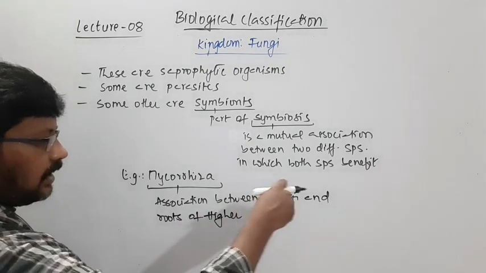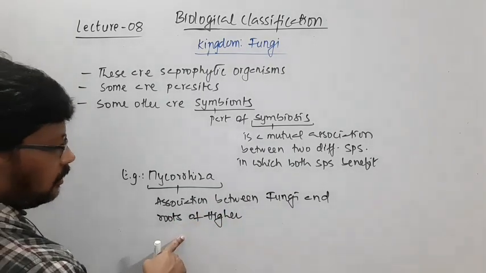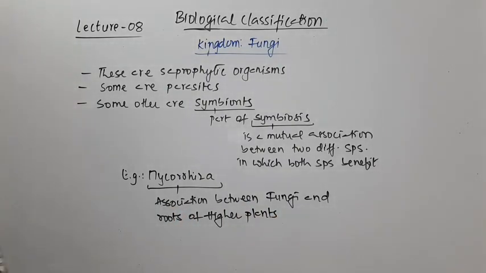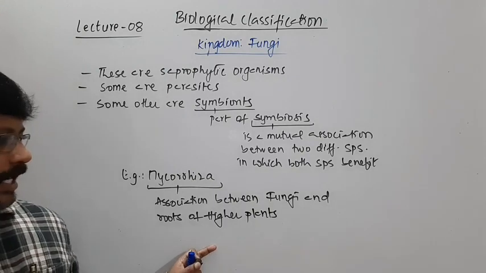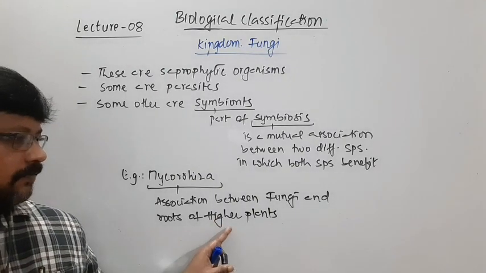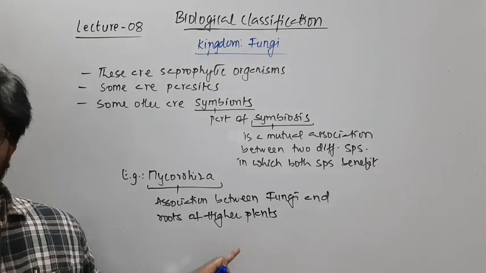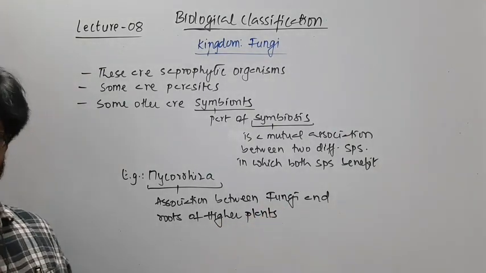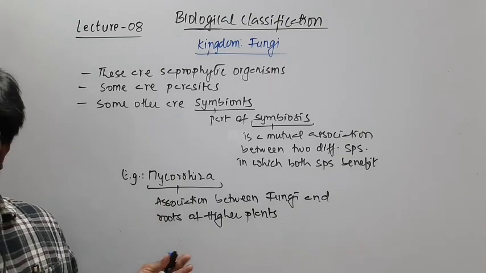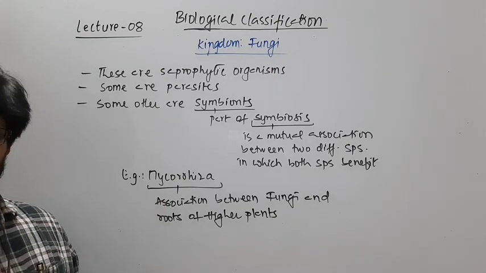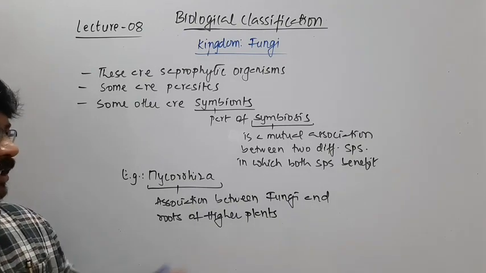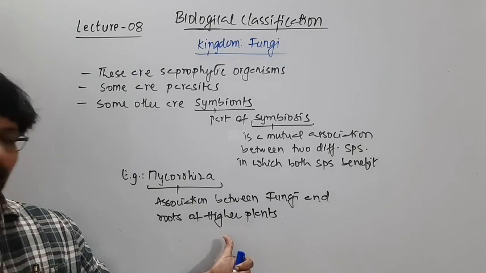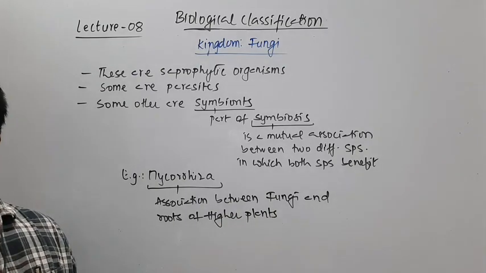Some fungi get associated with the roots of higher plants, and they live all the time together. In this case the fungi will help the plant, and the plant will help the fungi. In coming sessions we will see in detail how this association is mutualistic, and how the fungi get benefit from the plant, and how the plant gets benefit from the fungi.